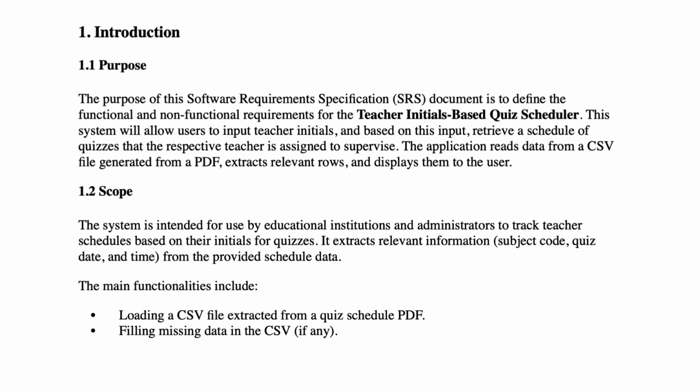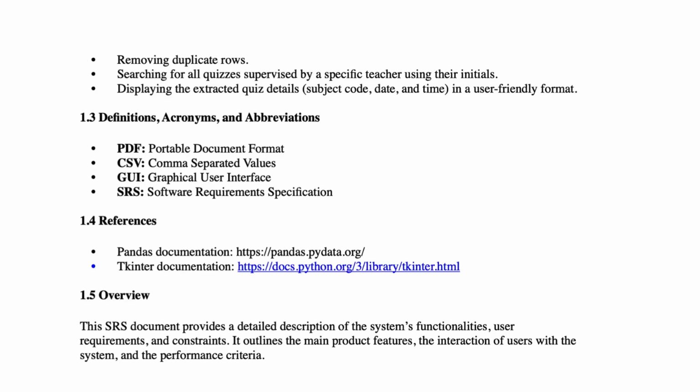Then we will fill the missing data, the values in the CSV file which are null. After that, we will remove the duplicate rows which would cause a duplicate output, so that there will be better reading of the data with less complications.